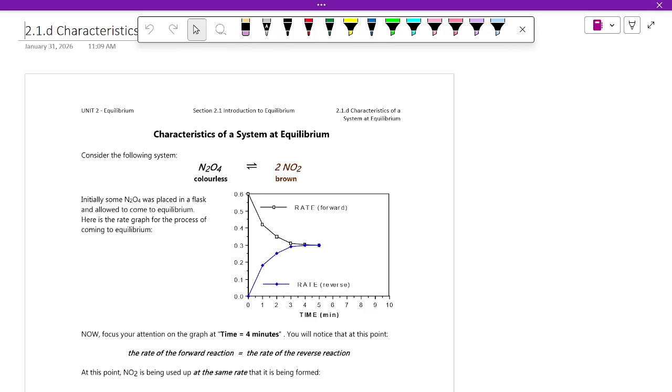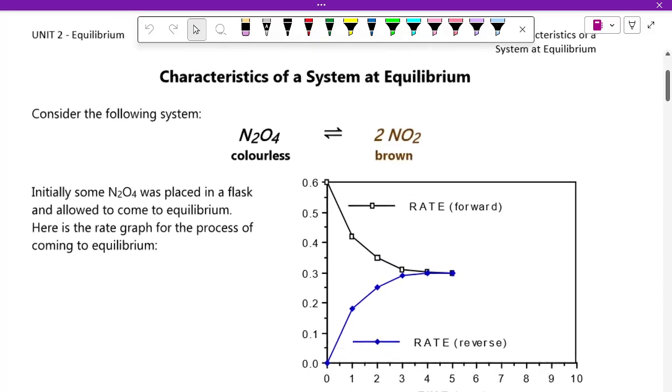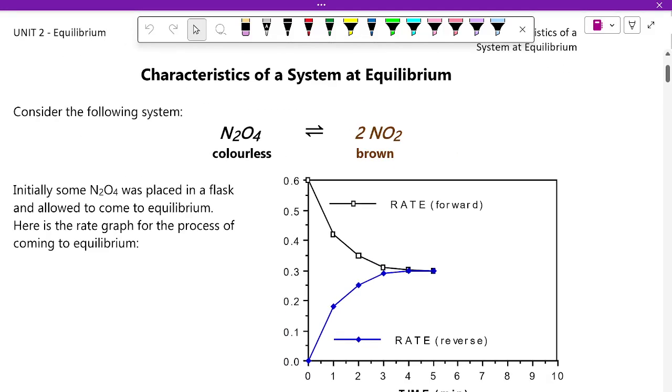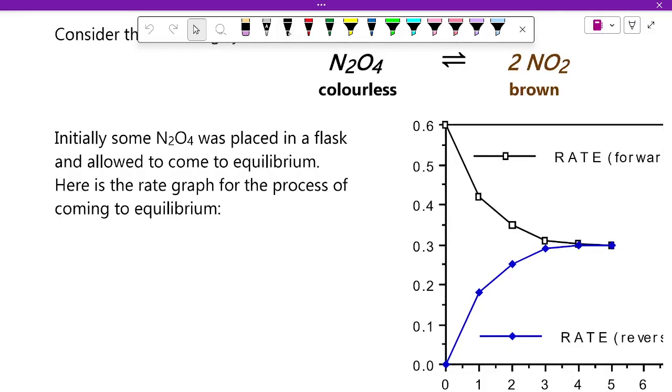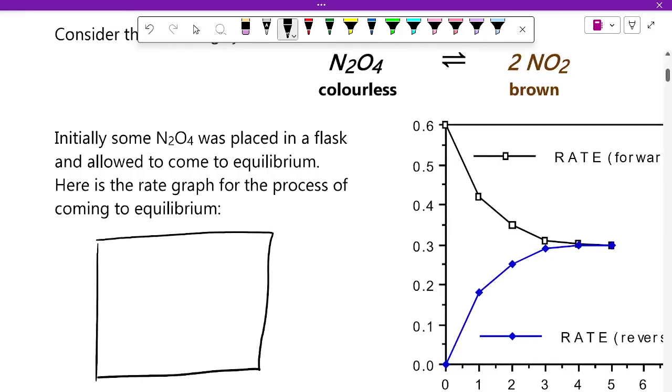All right? Let's take a look then at what this equilibrium system actually looks like. So we have some N2O4, and we have some NO2. The NO2 is the brown gas. The N2O4 is the colorless gas. And let's assume that initially I put some N2O4 in my container.